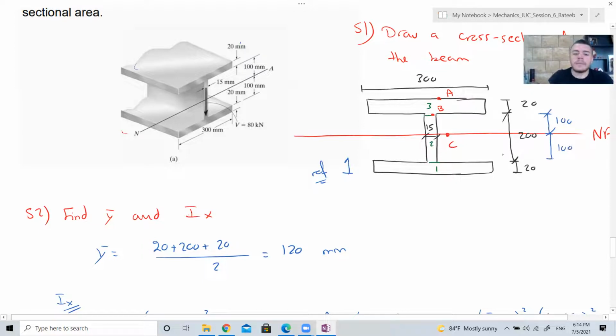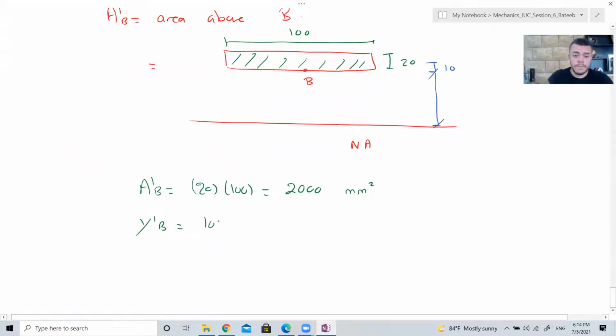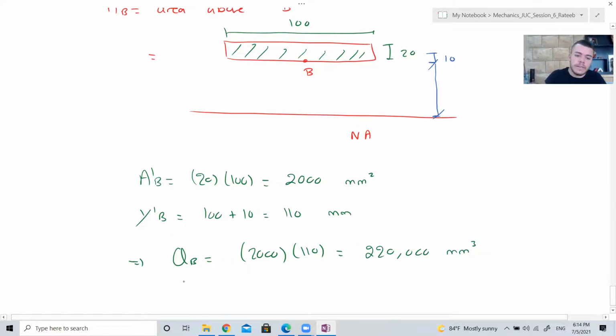So it's 100 plus 10, which is 110. Understood? And therefore Q is equal to 2000 multiplied by 110, which is 220,000 millimeter cubed. What is the thickness at B?